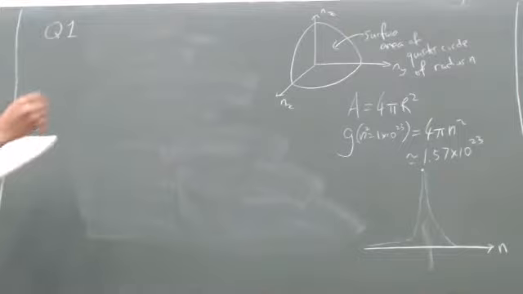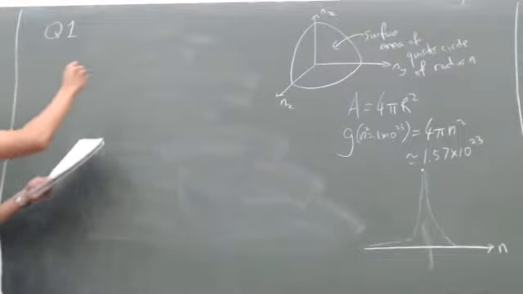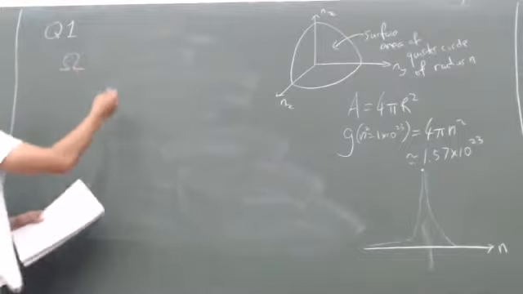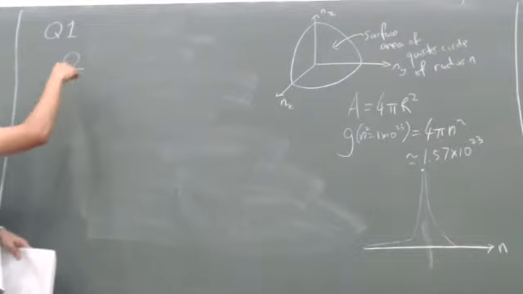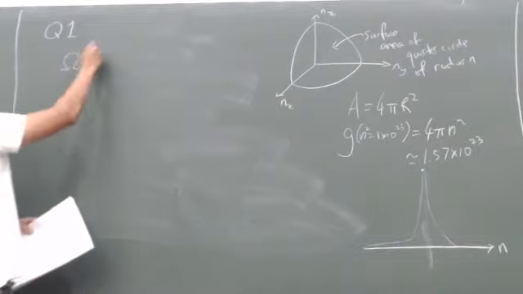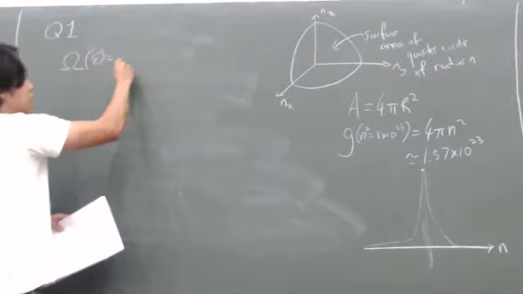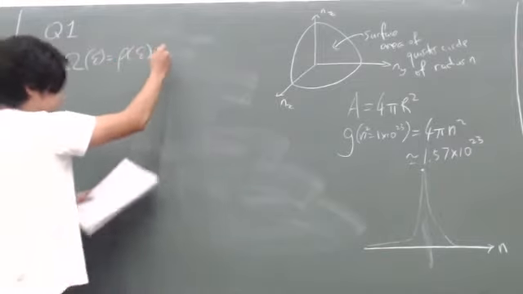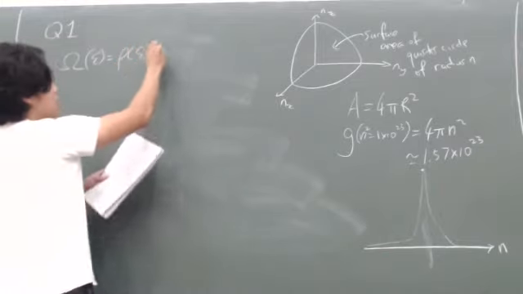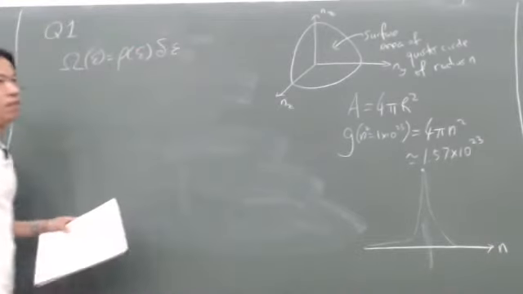Okay, so what you do know is that the total number of microstates, or total number of states within some energy shell, is given by the density of states times the thickness of that energy shell.